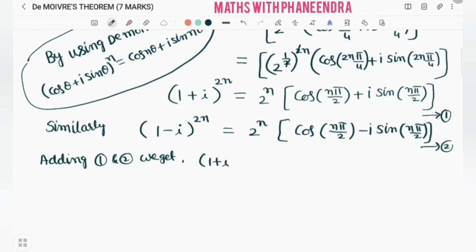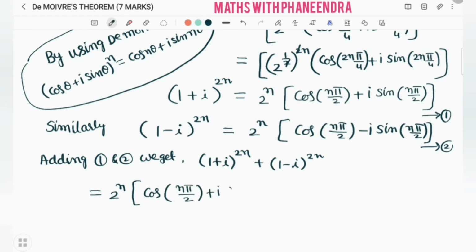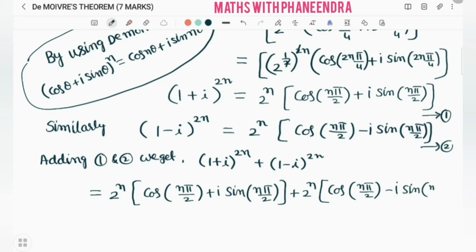(1 + i) power 2n plus (1 - i) power 2n is equal to 2 power n into cos of n pi by 2 plus i sin n pi by 2, plus 2 power n into cos of n pi by 2 minus i sin n pi by 2.